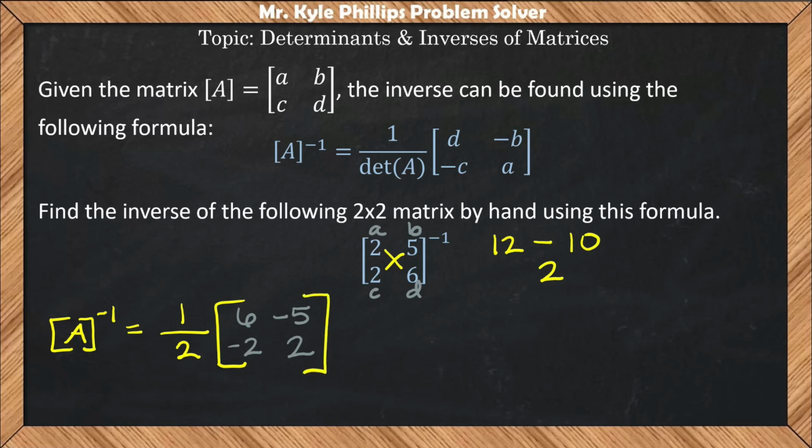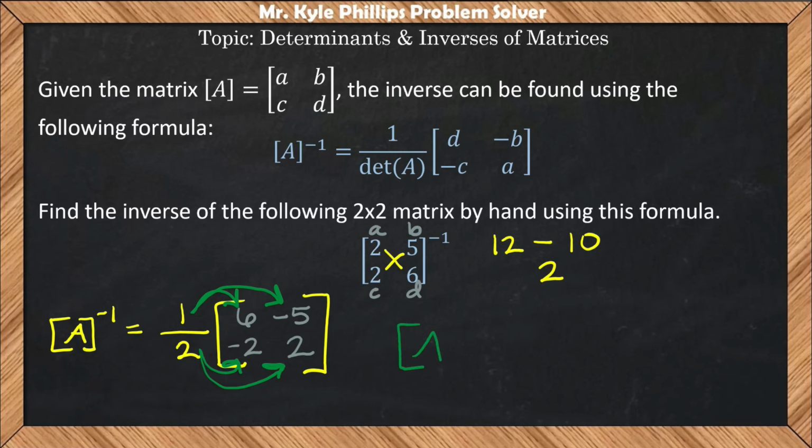And now what you'll do is you will take this scalar of 1/2 and you'll multiply it by each element. So I'll say 1/2 times 6, 1/2 times negative 5, 1/2 times negative 2, and 1/2 times 2.